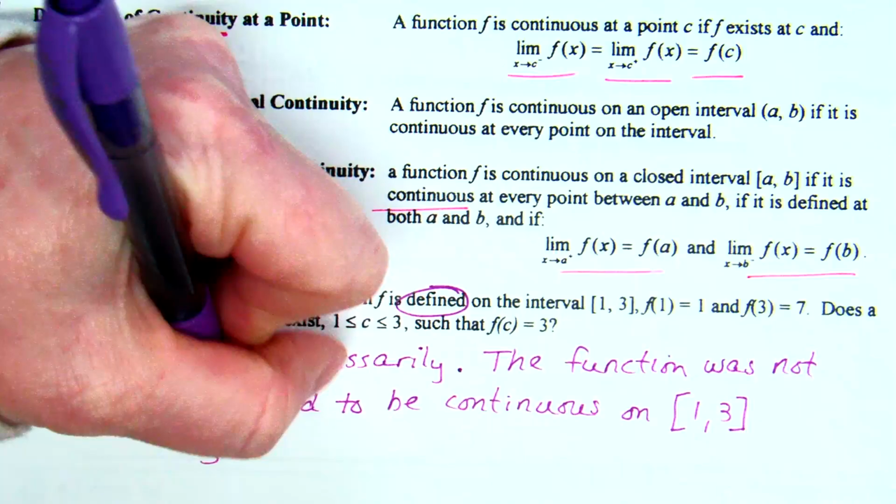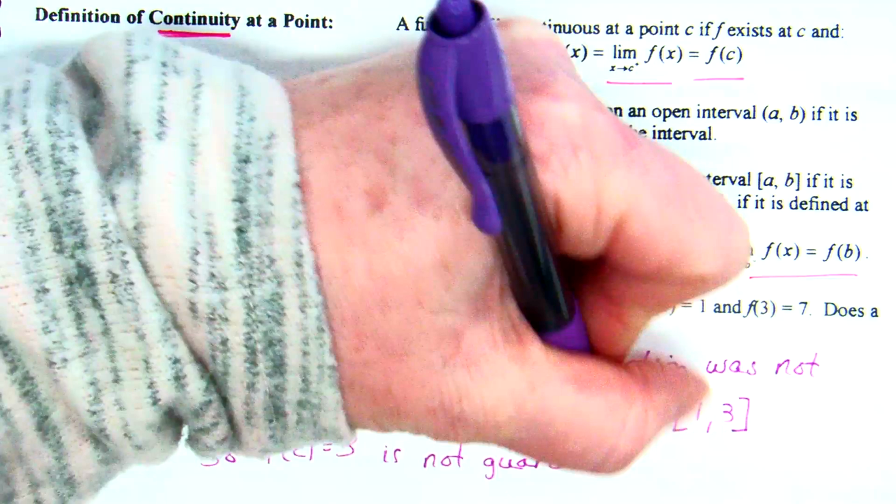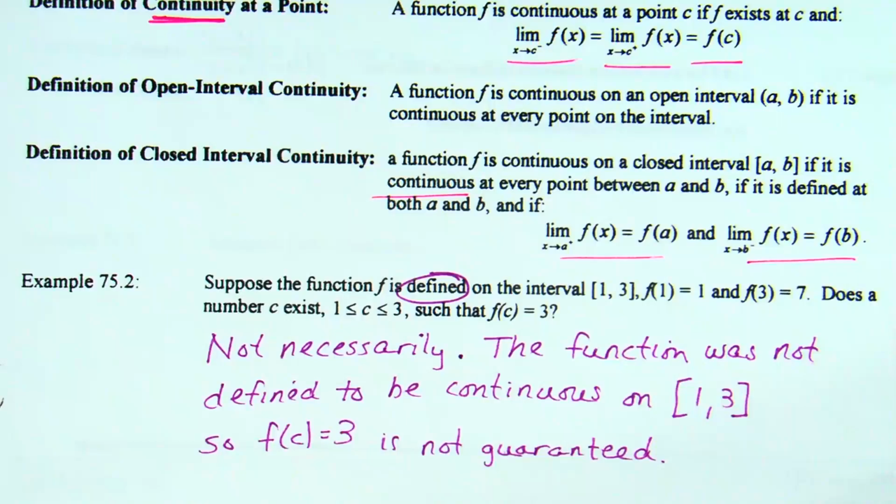The function was not defined to be continuous on the interval 1, 3. So f of c equals 3 is not guaranteed. If they had thrown the C word in there and said continuous, it would have been a prime example of intermediate value theorem. Unfortunately, they didn't make that easy for us.